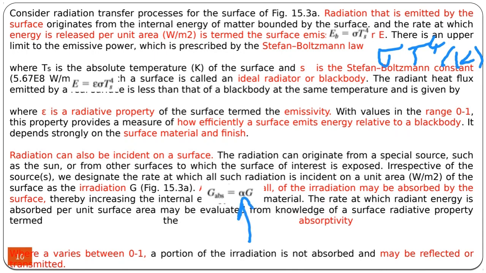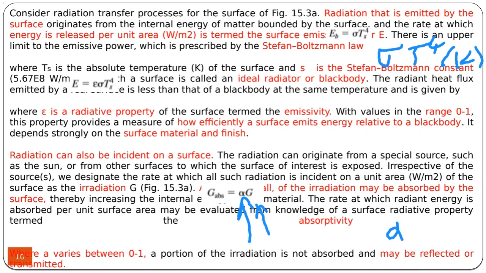Irradiation is the amount of watts per square meter coming to a surface, and only an amount alpha is absorbed by it. So alpha is absorbed, but some other portion of the incoming radiation, which is called irradiation, is transmitted. For instance, if it's glass, we have sunlight out there, right? Sunlight passes through the glass.